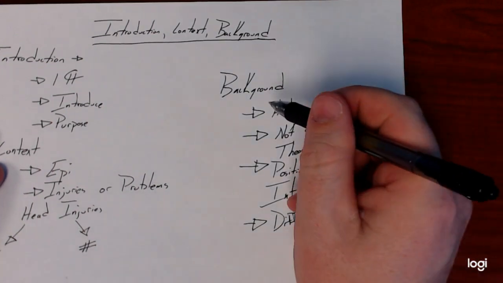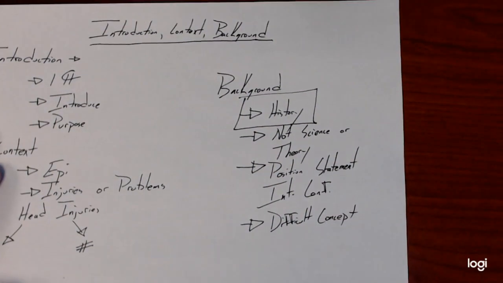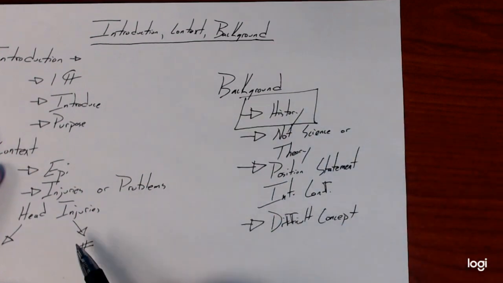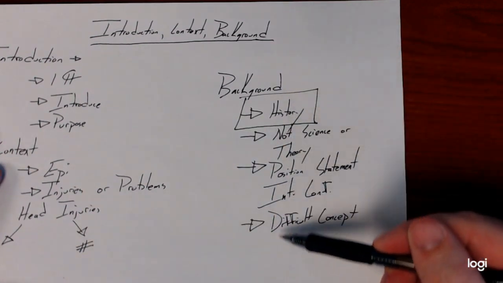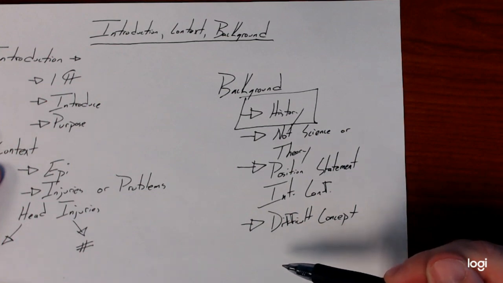But you're looking for a history background. So look for different articles that talk about the history of your injury. Then create an outline from that that gives us the history associated with that.